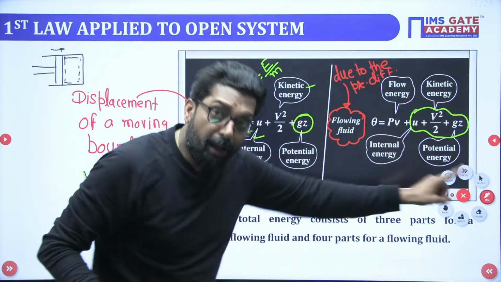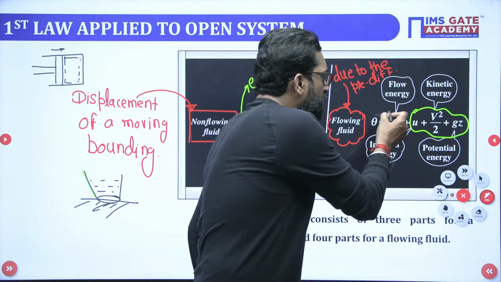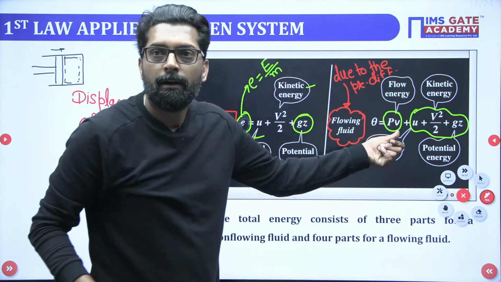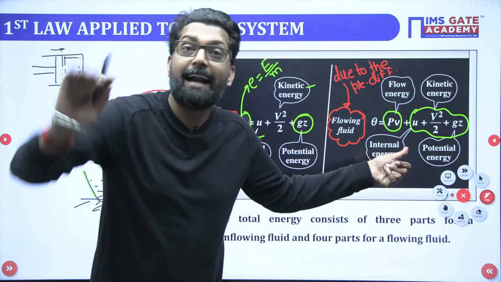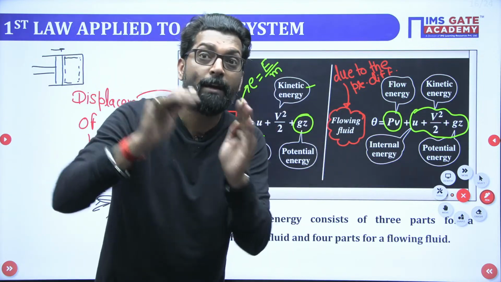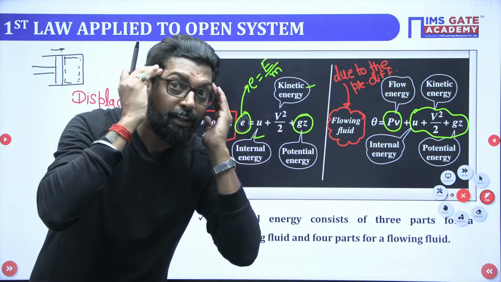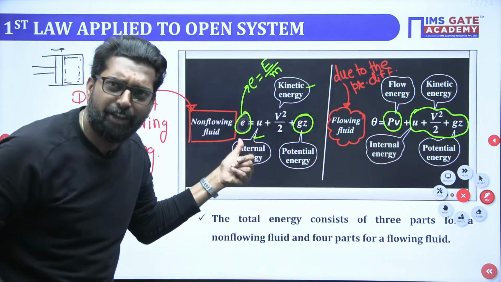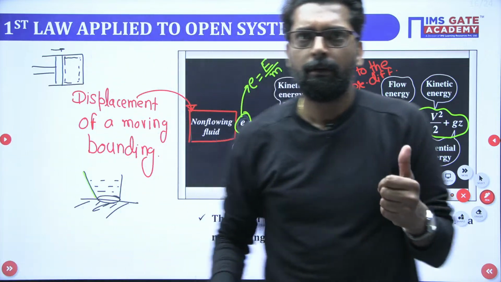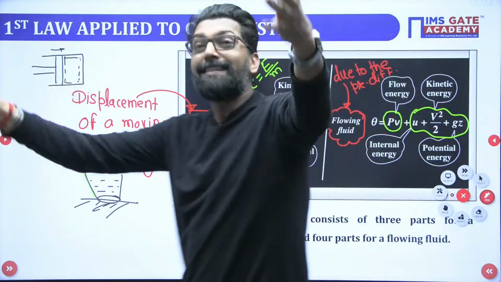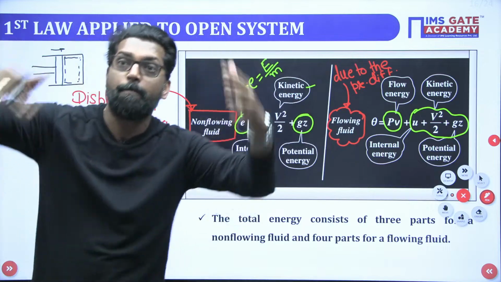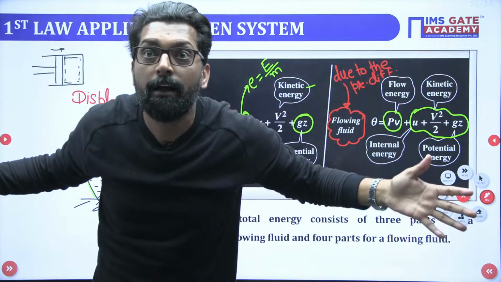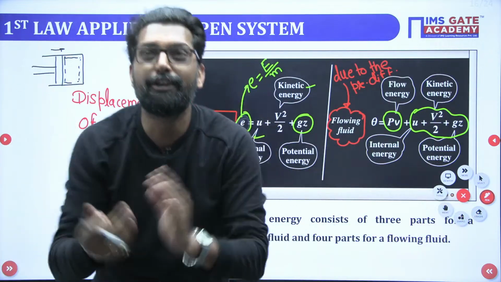Now, another component of energy, which is responsible for the flow of the fluid, will be added. What is the main subtle concept? The energy of a flowing fluid must be higher than the energy of a non-flowing fluid. That's why many engineering devices like a turbine, pump, compressor, blower, expander are flowing fluid devices.